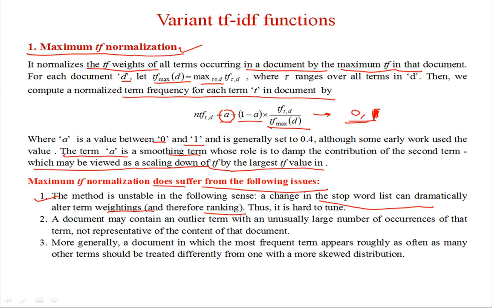Second, a document may contain an outlier term with an unusually large number of occurrences, not representative of the content of that document. It cannot identify the importance, or level of impurity, of such a term in the document.